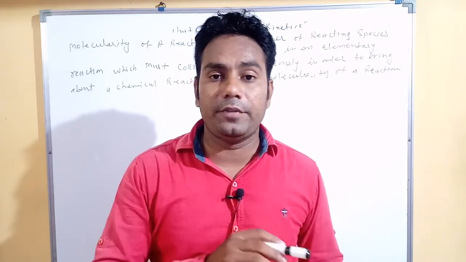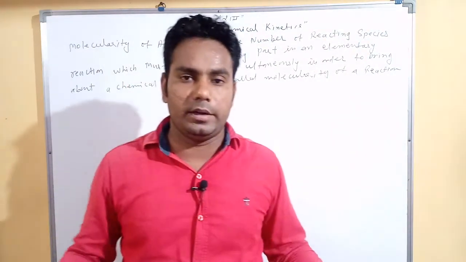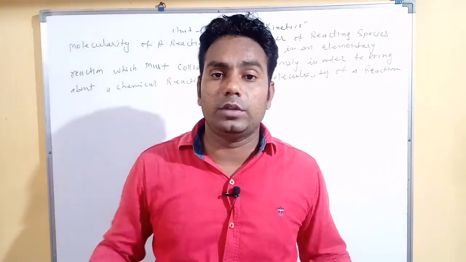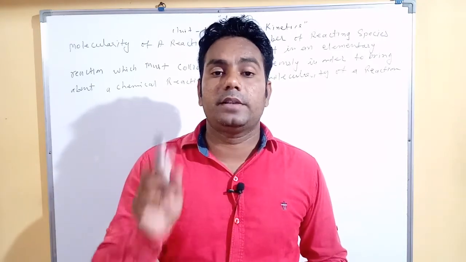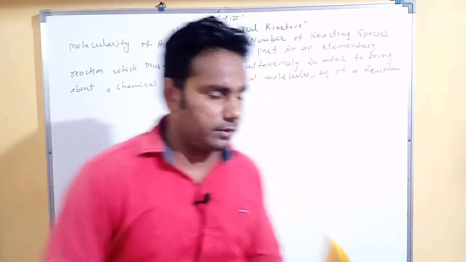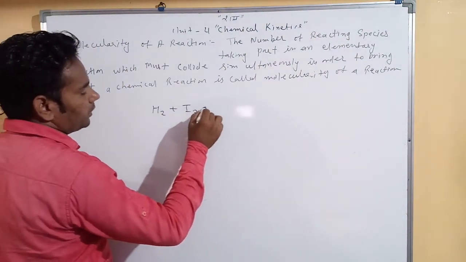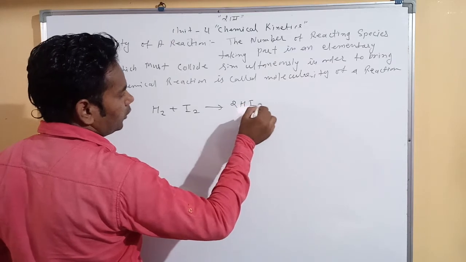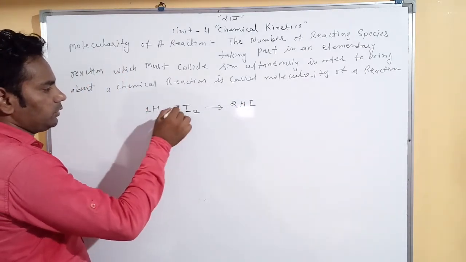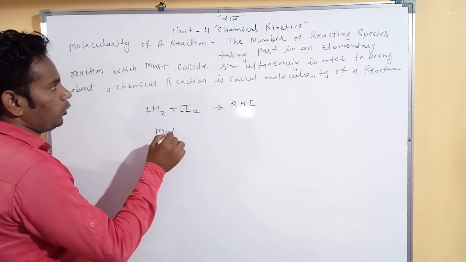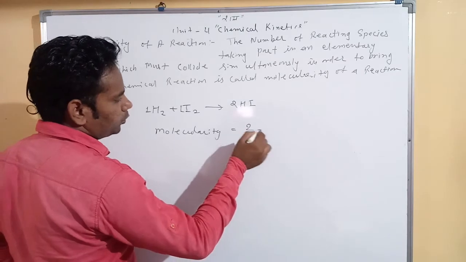Like here, H2 plus I2 converts into 2HI. So how many molecules are present in reactants? 1 molecule, here 1 molecule. So the molecularity of this reaction is 2.